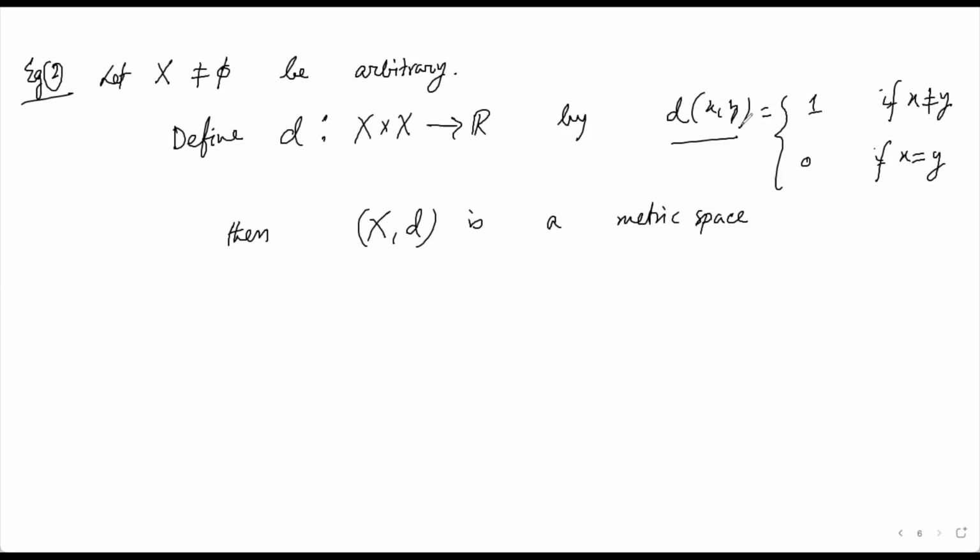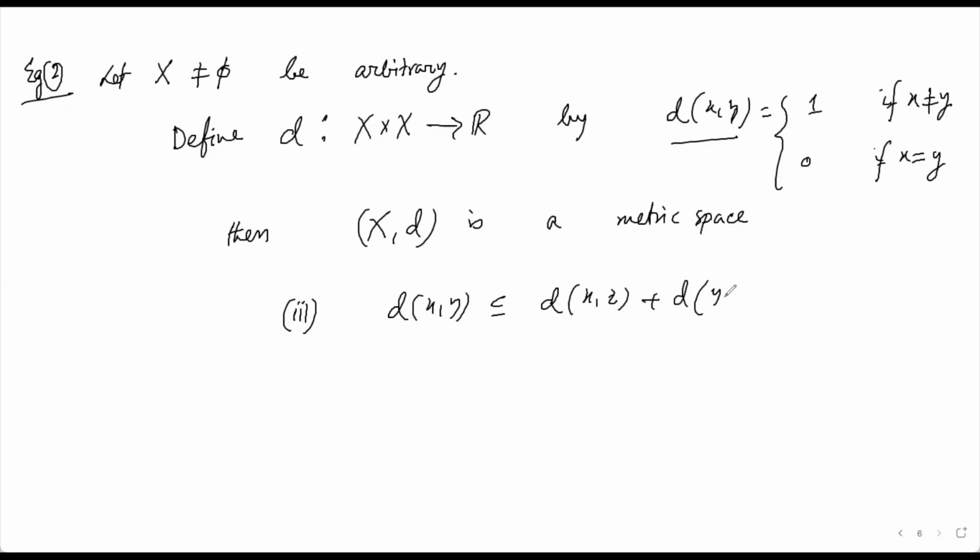And for the triangle inequality, d(x, y) is equal to either 0 or 1. Let me write the triangle inequality: d(x, y) is less than or equal to d(x, z) plus d(z, y), this is the third axiom for distances.